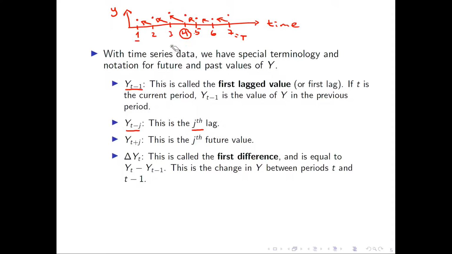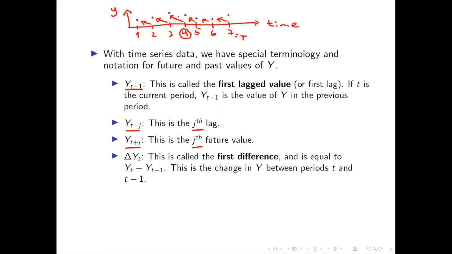And you don't have to look into the past either. You can look into the future, which is the y of t plus j, which is the jth future value.